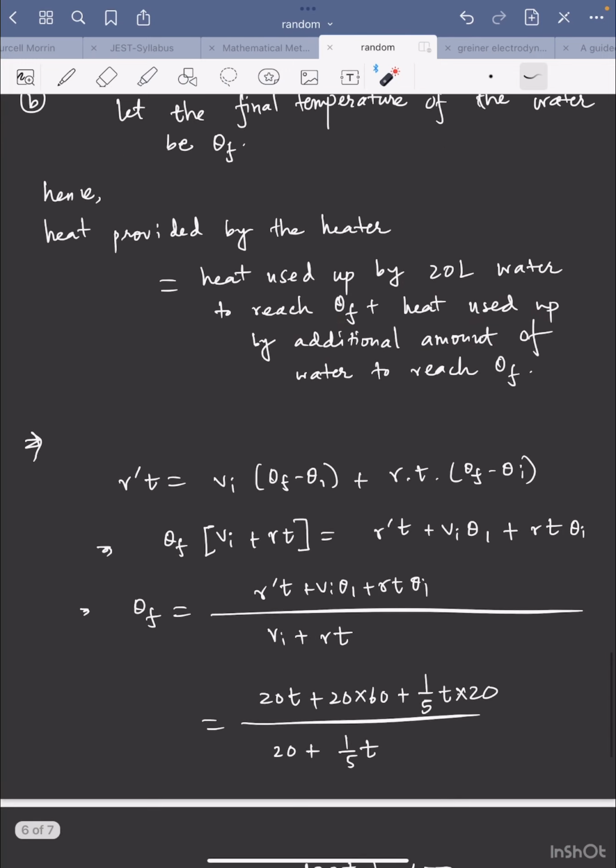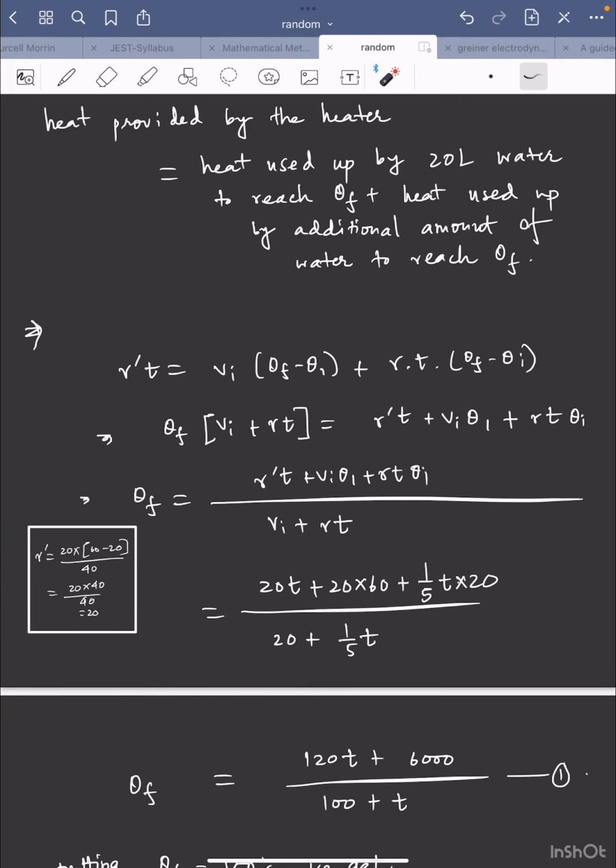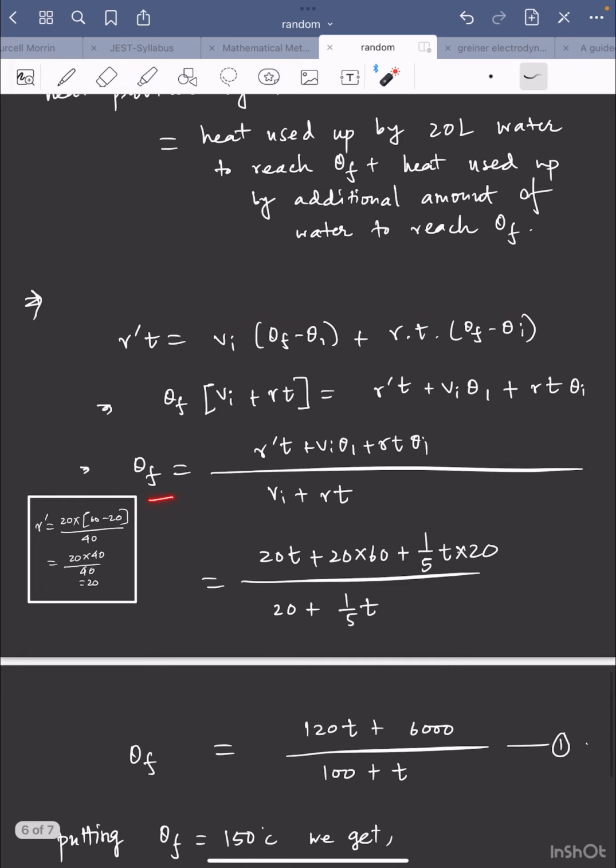So we can put the same R dash t equals Vi (theta F minus theta 1) plus R t (theta F minus theta I). Here rho W and S also appear, but they get cancelled, so I just ignored them. After that we can take the terms containing theta F as common, which are R t and this Vi. We can add them up, put the rest of the terms on the left hand side, and we get this form, and from there we get theta F equals this.